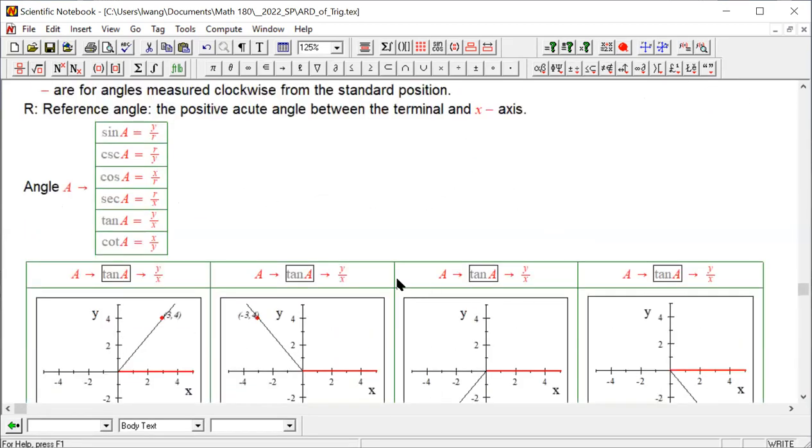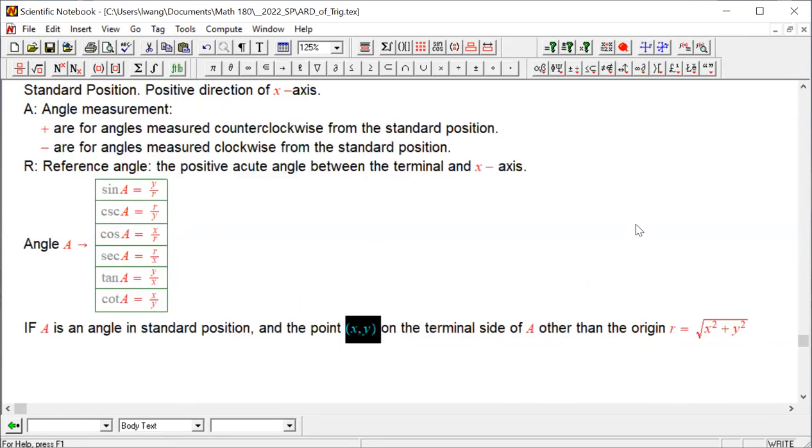In this example, the radius is 5. With that question in mind, I'm going to do another lesson, so that we can have a focused topic.